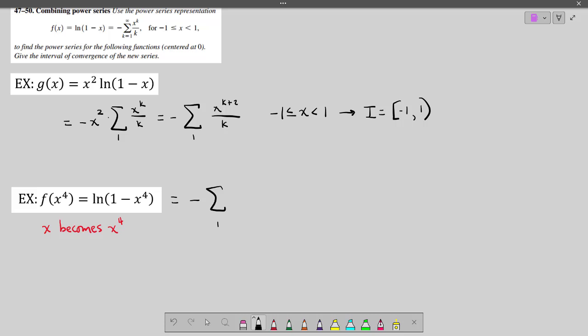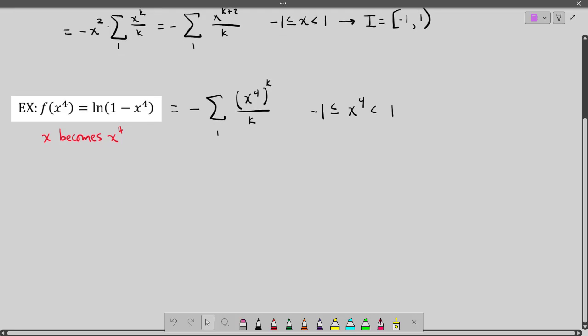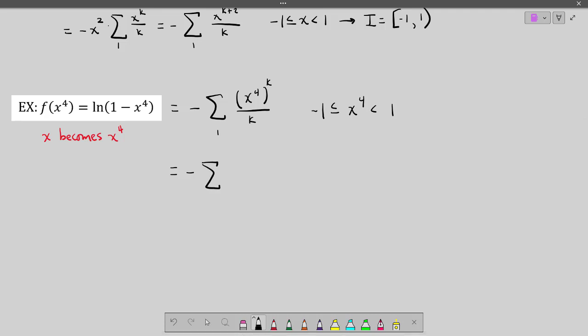And we're going to replace that x with x to the 4th. So we have x to the 4th to the k, all divided by k. Well, in our interval of convergence, we just do the same thing. We do that. So our power series will be x to the 4k divided by k.